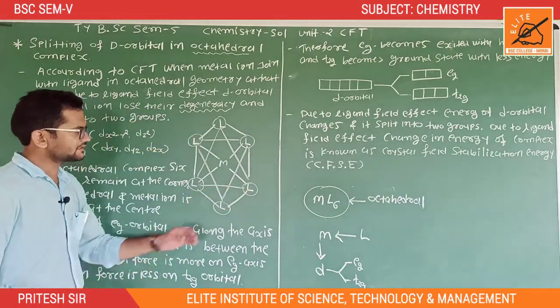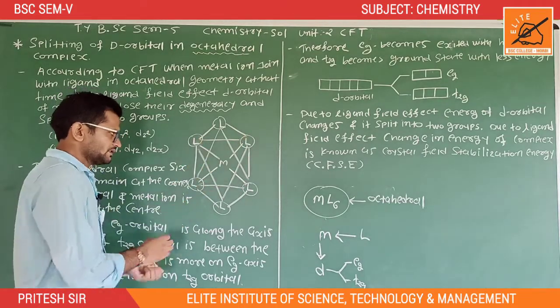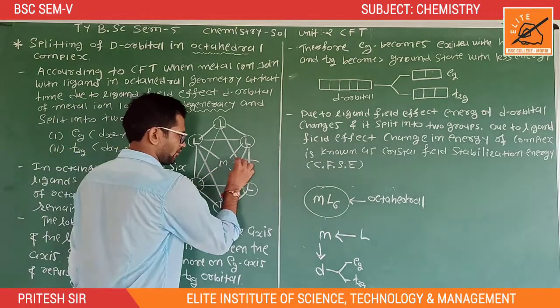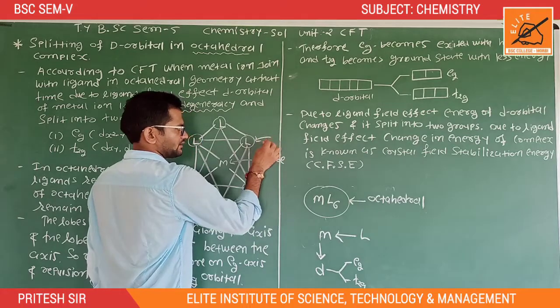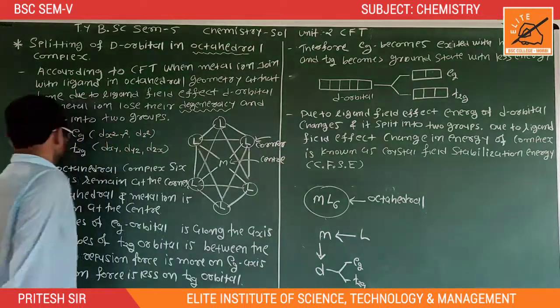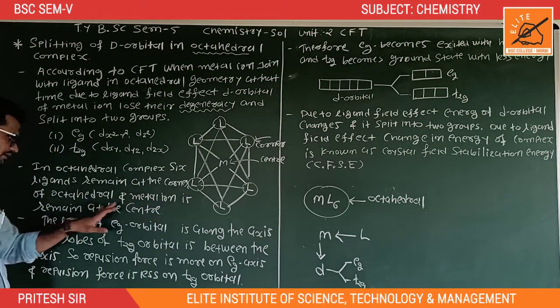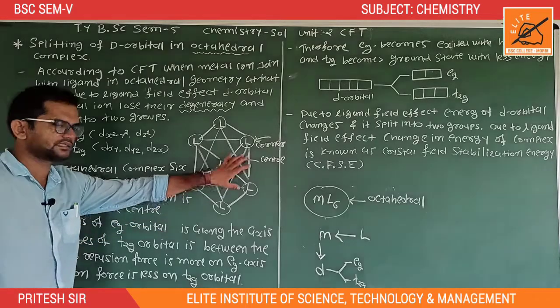All these 6 ligands are attached at the corners of the geometry, and the central metal ion remains at the center of the geometry.